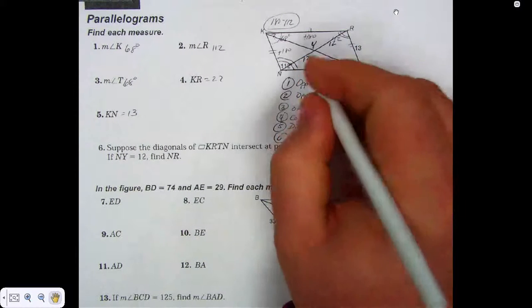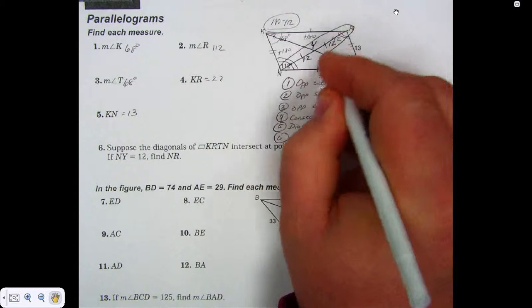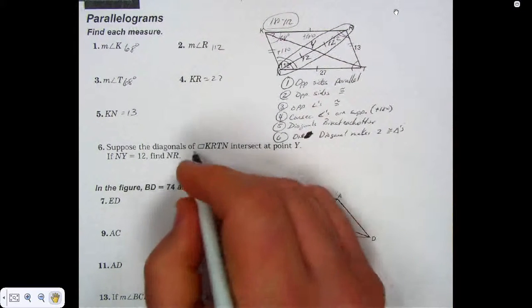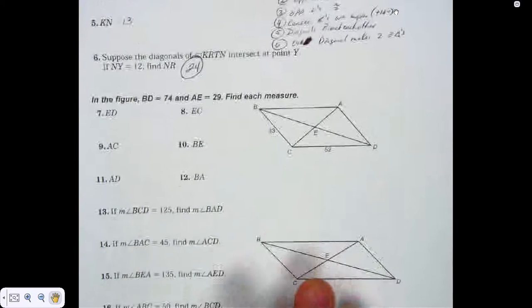They bisect each other. So this is congruent to this. So if this is 12, this is 12. So what is N to R going to be then? 24. Not too bad, is it?